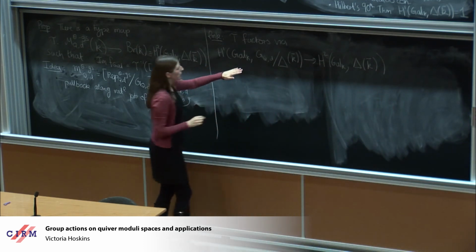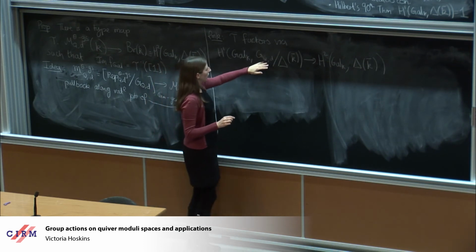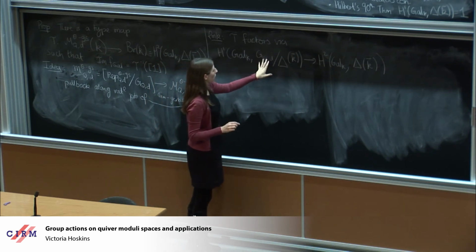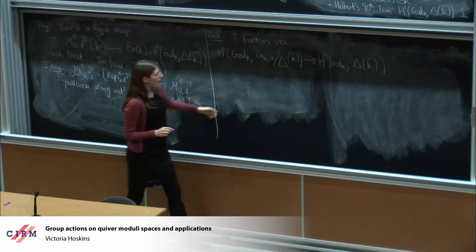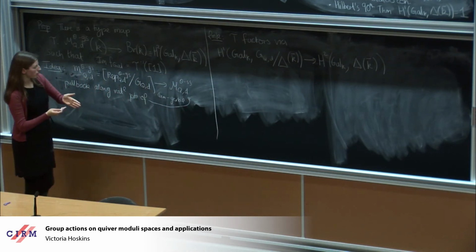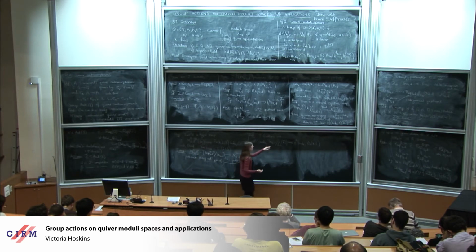And to see this, an element here is just given by a principal bundle for this group, and then you use the fact that the GIT quotient on the geometrically stable locus is precisely a principal bundle for this group.